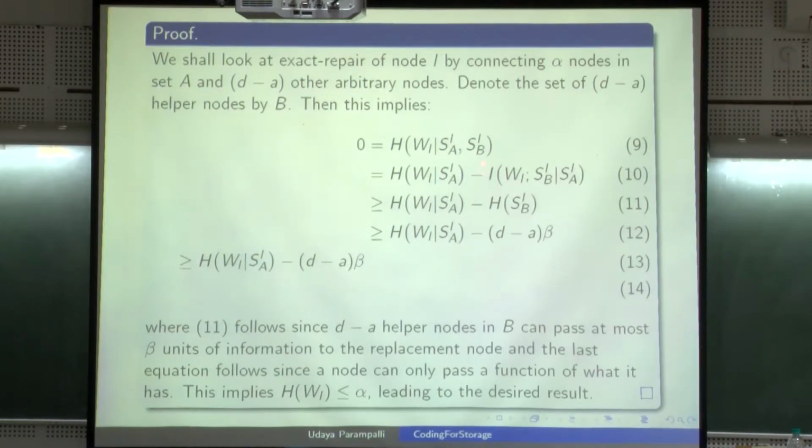The mutual information between W_L and S_B^L given S_A^L is lower bounded by the entropy of S_B^L, remember one of the theorems that Adrish did. I am now lower bounding because this is an exact repair. If I only take the entropy of S_B^L, this value is always greater than or equal to that value. Is that clear? You can look at the paper for that. Correct? First line: we shall look at the exact repair.